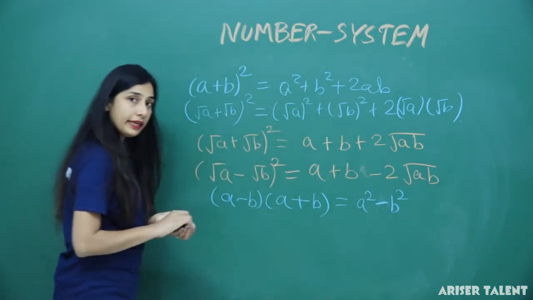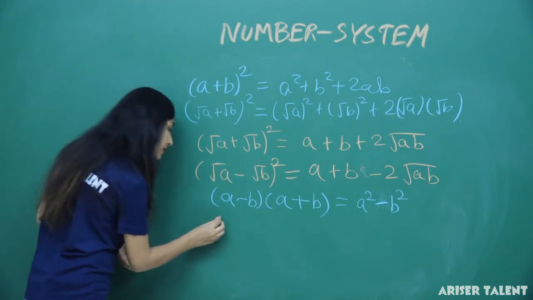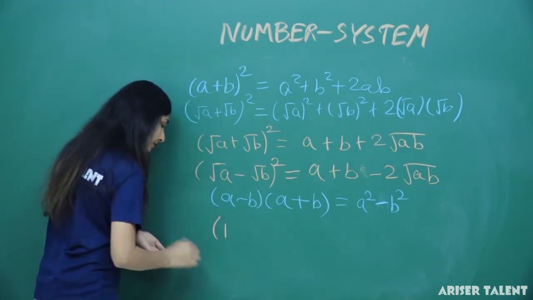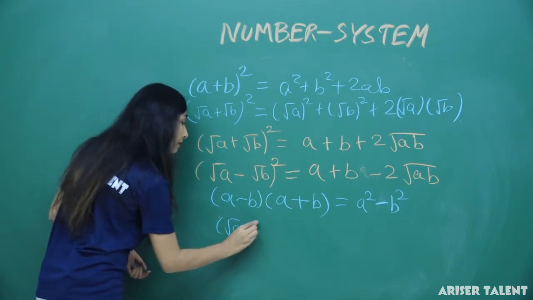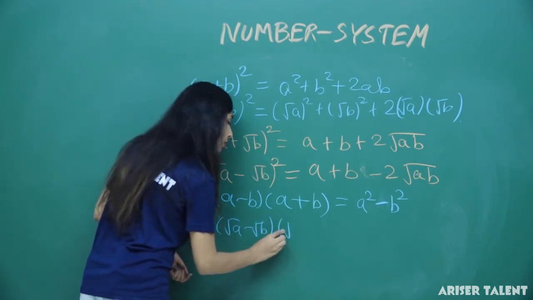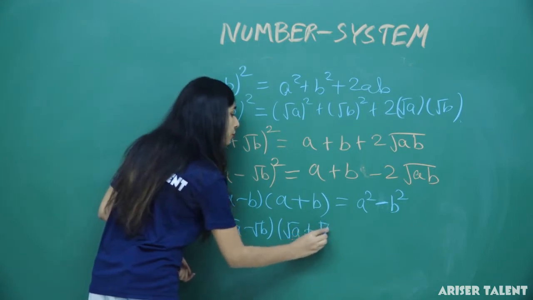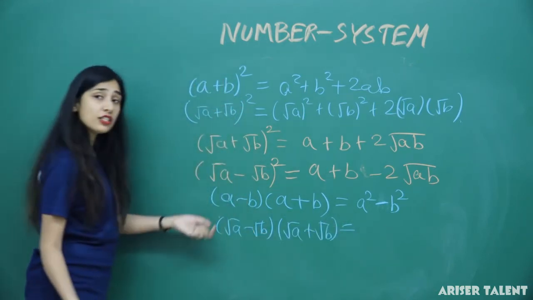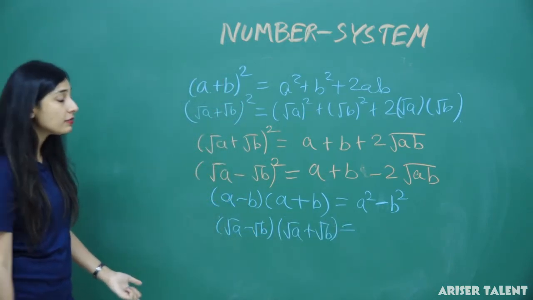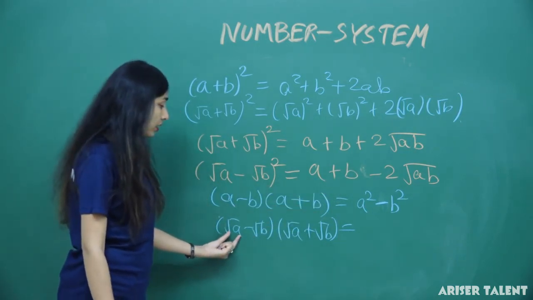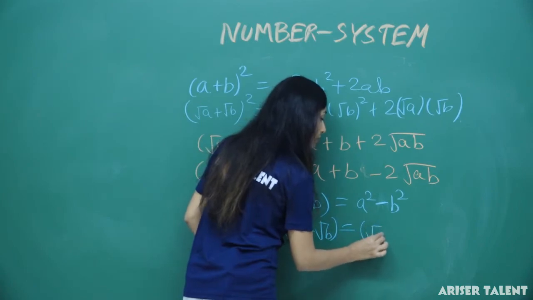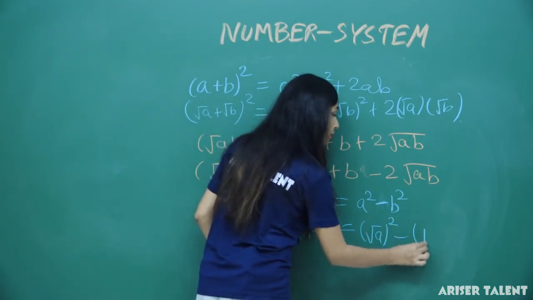Now what happens if I have something like root a minus root b times root a plus root b? What will be the outcome? I will just follow this rule, a square minus b square. Now a square is root a, so basically root a square minus root b square.